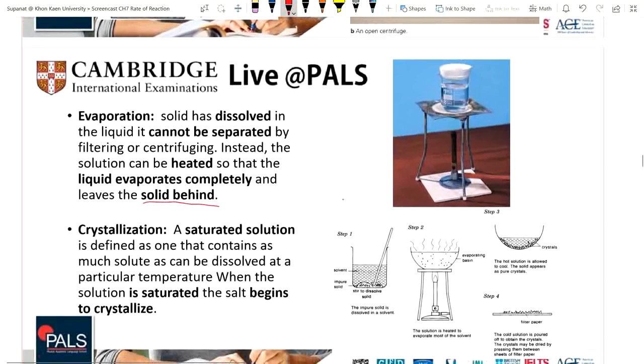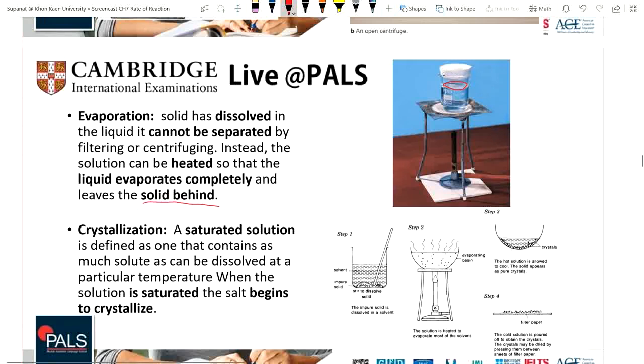Okay, let's have a look here. This is the porcelain bowl, heated by a Bunsen burner via the water steam.